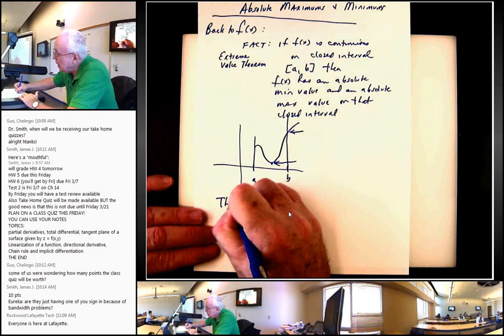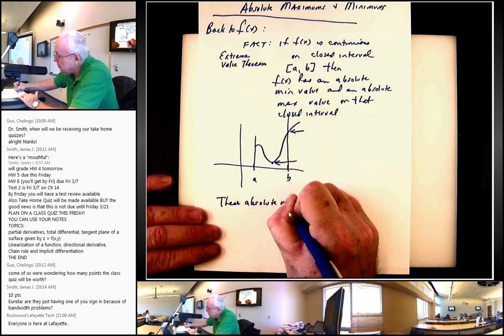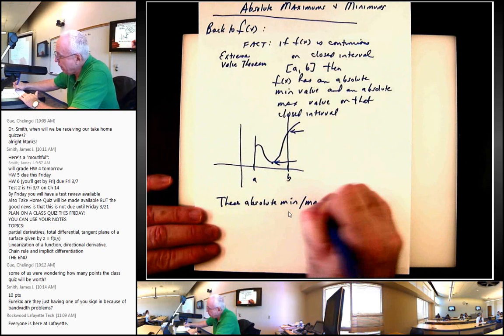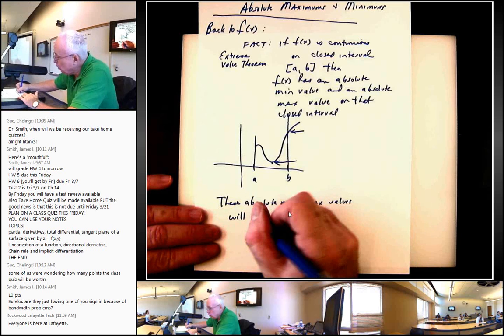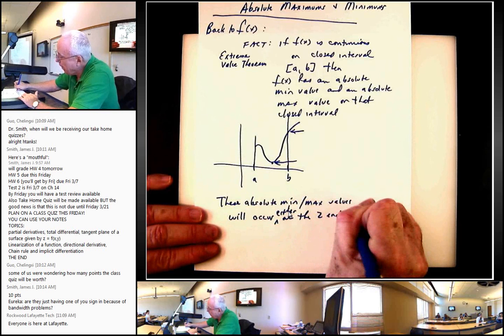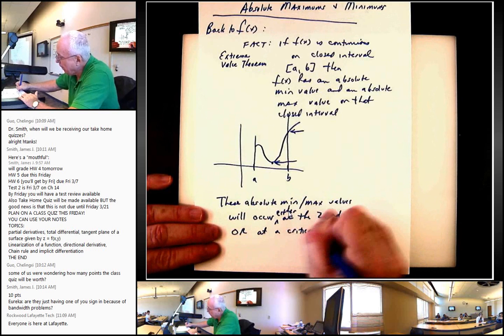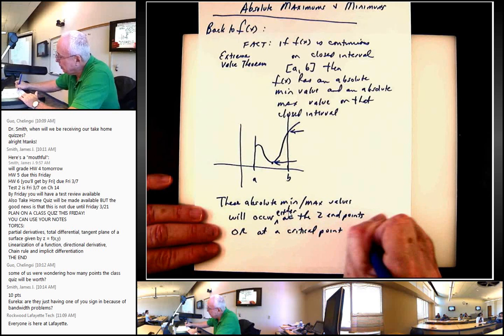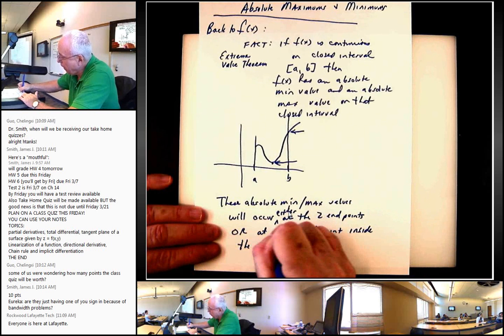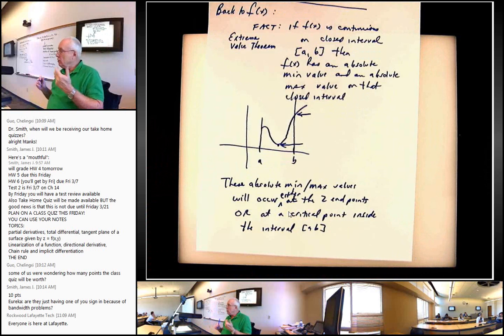These absolute min and absolute max values will occur either at the two endpoints or at a critical point inside the interval from A to B. So you're only going to look for these biggest and smallest values at a few places.